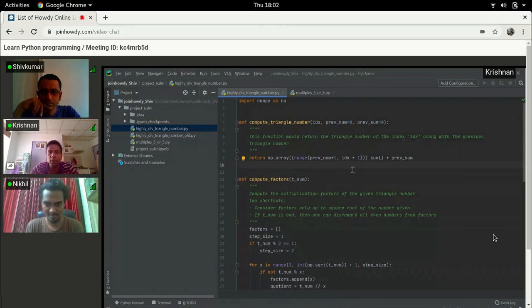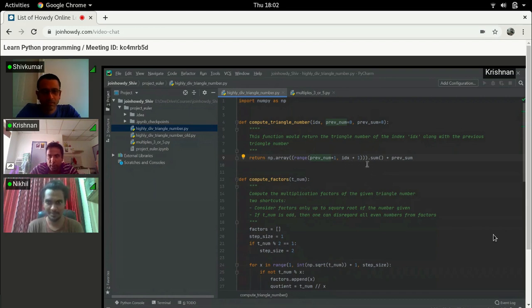I was first thinking I'll just give the sum. But then I thought it might be difficult to use because I need the number until which we computed the sum, because the range will be from that number till the IDX plus.